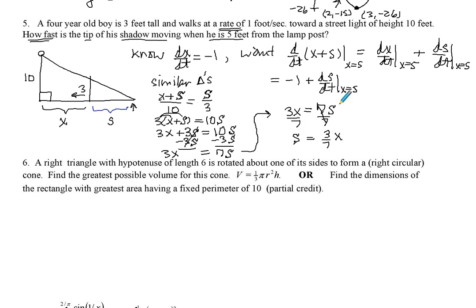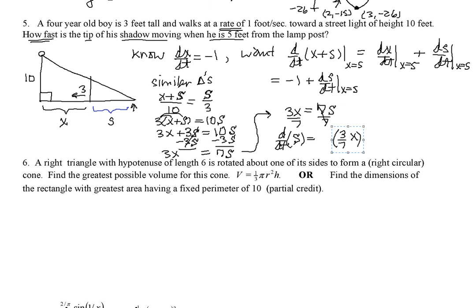So now we want to know what's ds dt. Well, let's differentiate both sides of this equation with respect to time. So the derivative of s with respect to t, which is ds dt, is going to equal the derivative of 3/7 x with respect to t.